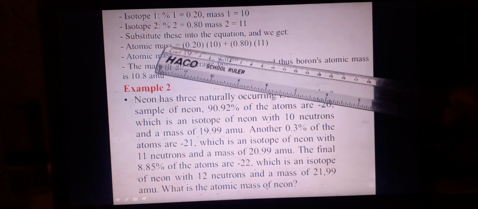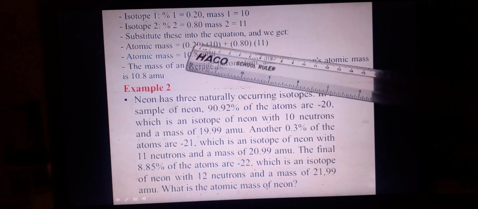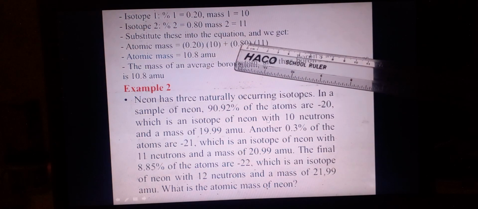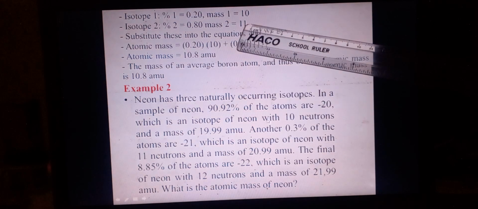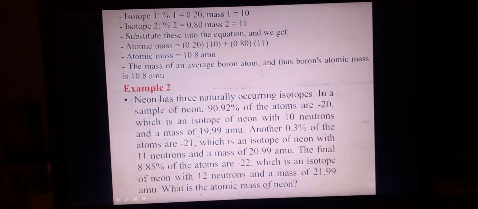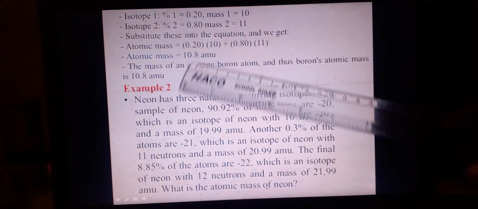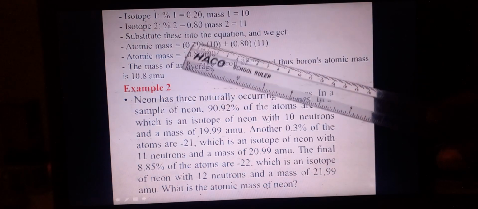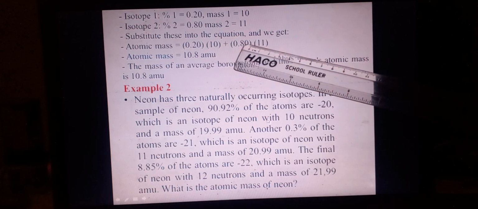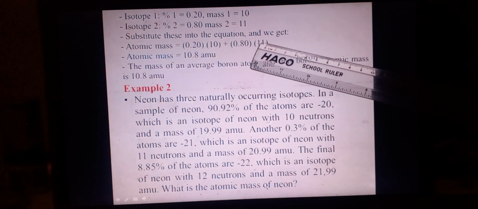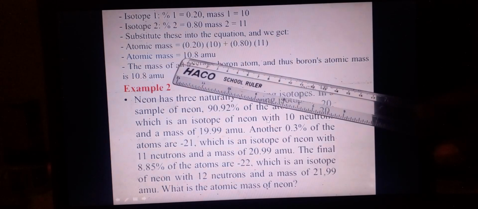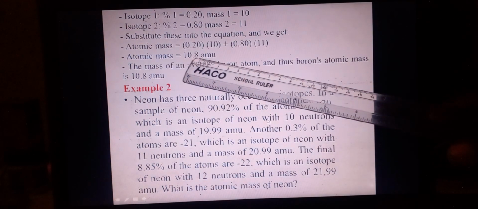To get the atomic mass, you take 0.20 times 10 plus 0.80 times 11, which eventually gives us 10.8 atomic mass units. This is the same as taking 20 times 10 in brackets plus 80 times 11 in brackets, then dividing by 100. It arrives at the same answer, which is 10.8.